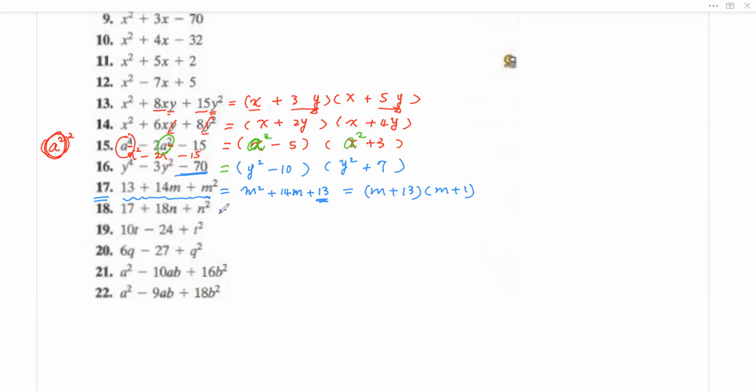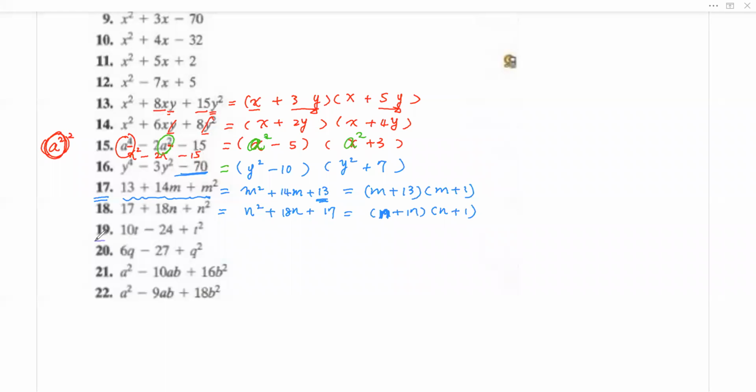Same for number 18. Sequence length first, n squared plus 18n plus 17. So this one is plus 17. I'm sorry, here it is not m, here it is n plus 1, right?